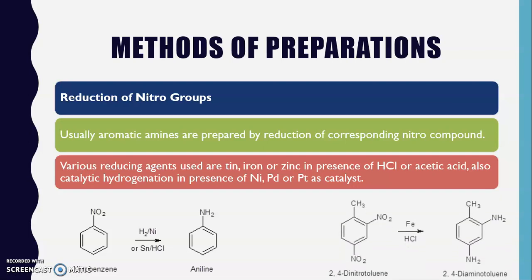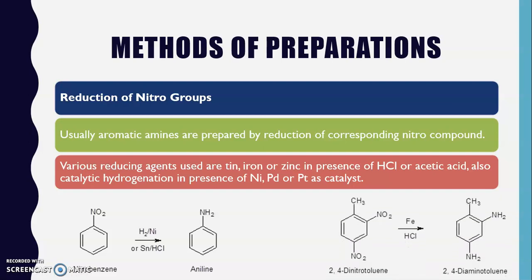Also here we can carry out the reduction of different nitro groups if they are present in more than one. Here for example you can study 2,4-dinitrotoluene, which when undergoing reduction with ferric, that is iron, in presence of hydrochloric acid, will be converted into 2,4-diaminotoluene.